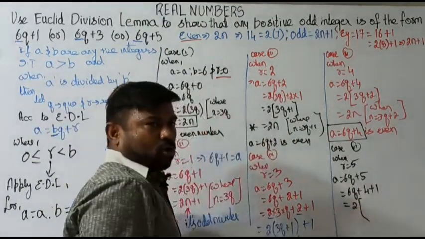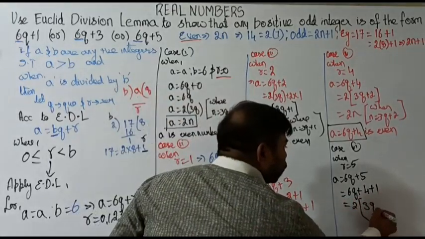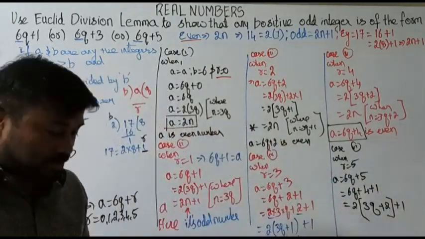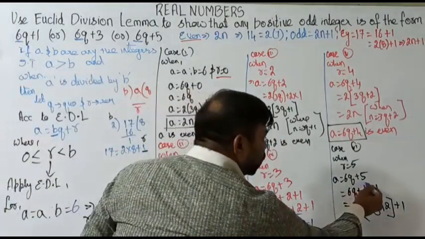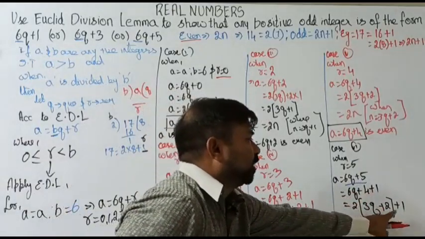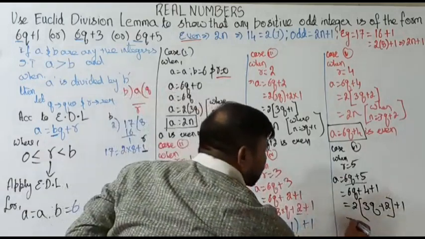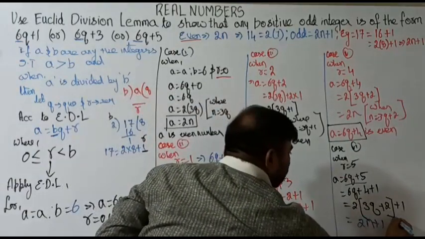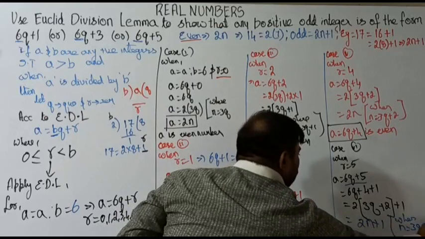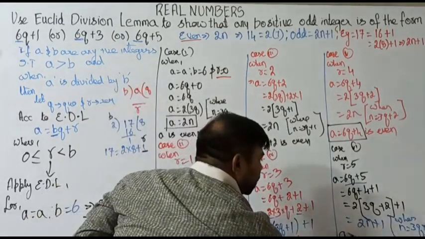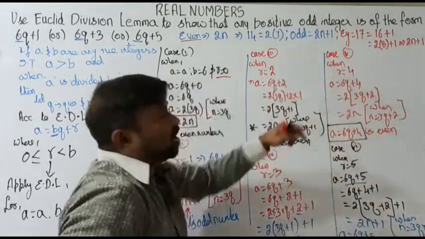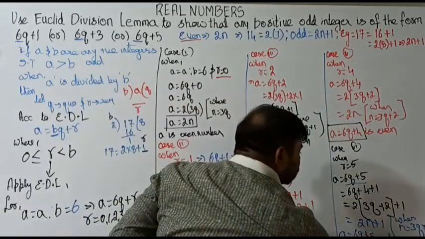If you take 2 as common, it's 3q plus 2, and the 1 is outside, because I'm taking common from only these 2. 6 is nothing but 2 3s, 4 is nothing but 2 2s, I left the 1 to the side. It's nothing but 2n plus 1, where n is equal to 3q plus 2. Here A is equal to 6q plus 5, we got in the form of 2n plus 1, which is nothing but an odd number.